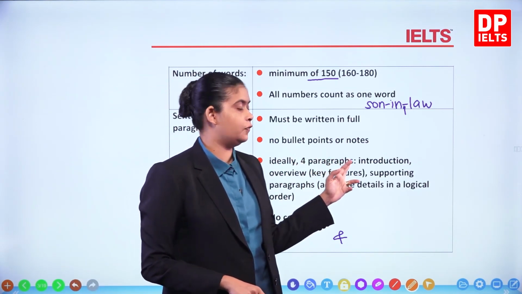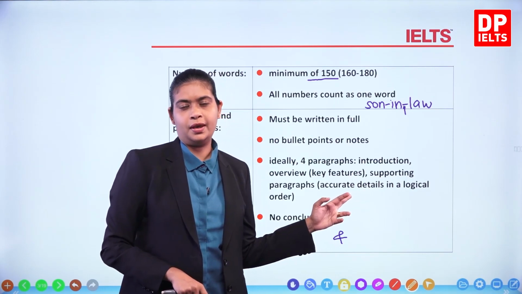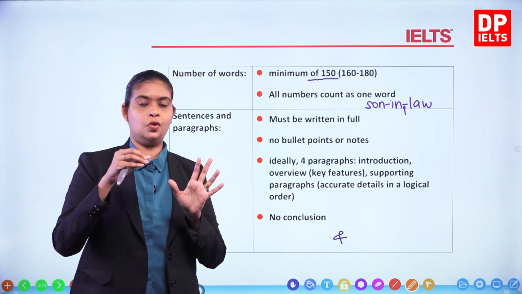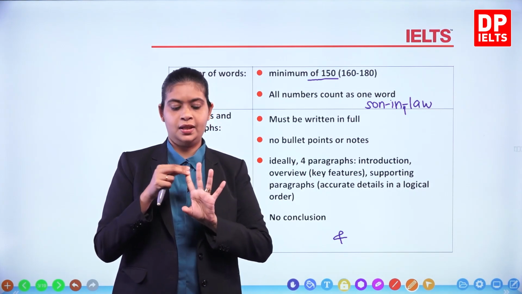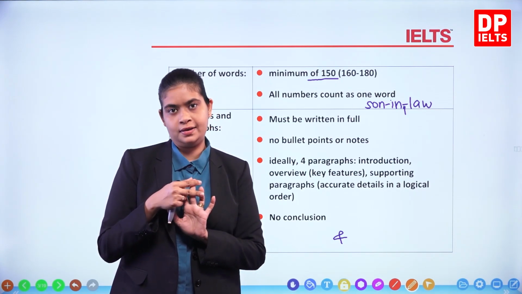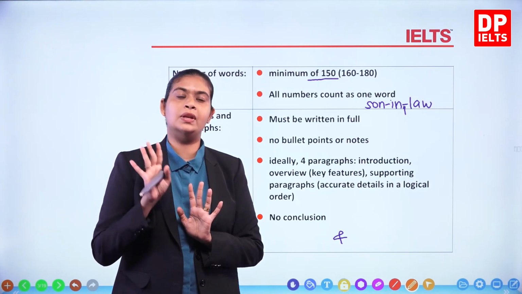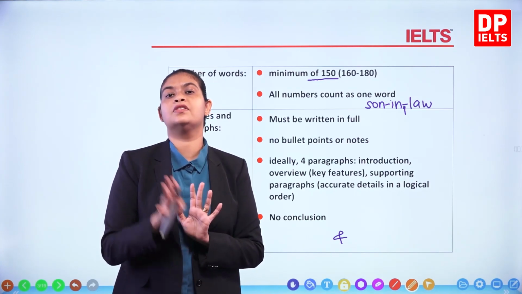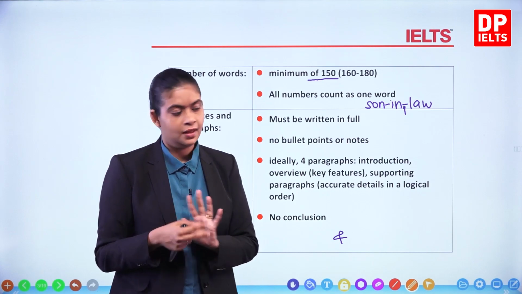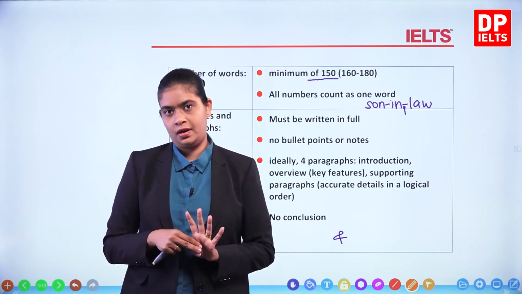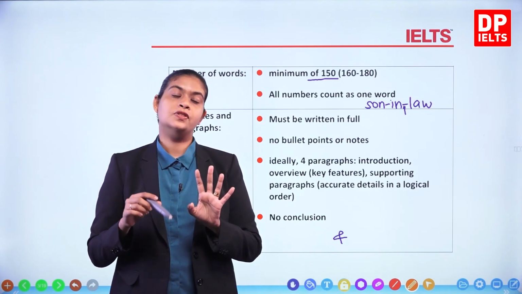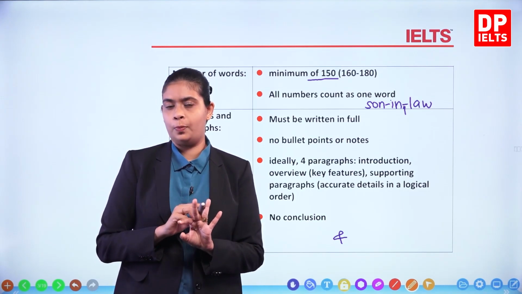Ideally, there should be 4 paragraphs, okay, which is your introductory para, overall para, and 2 body paras. Don't worry, I will explain to you when we start writing the writing task. We're still just in the overview part, okay? So ideally, you have to have 4 paras.